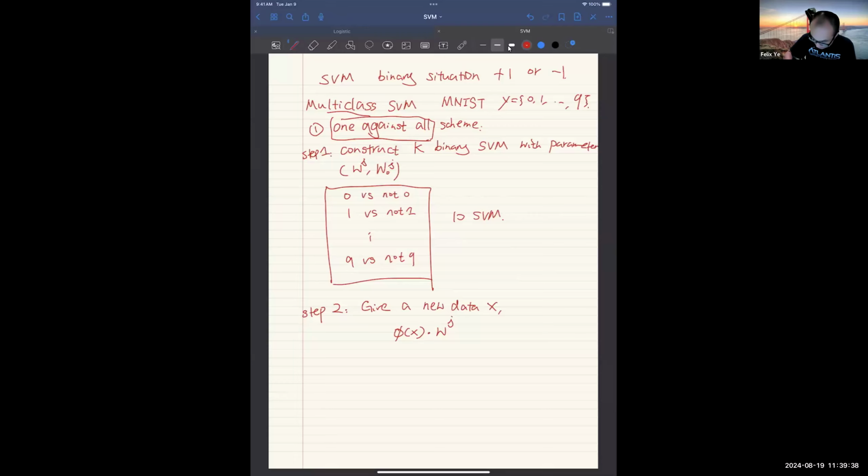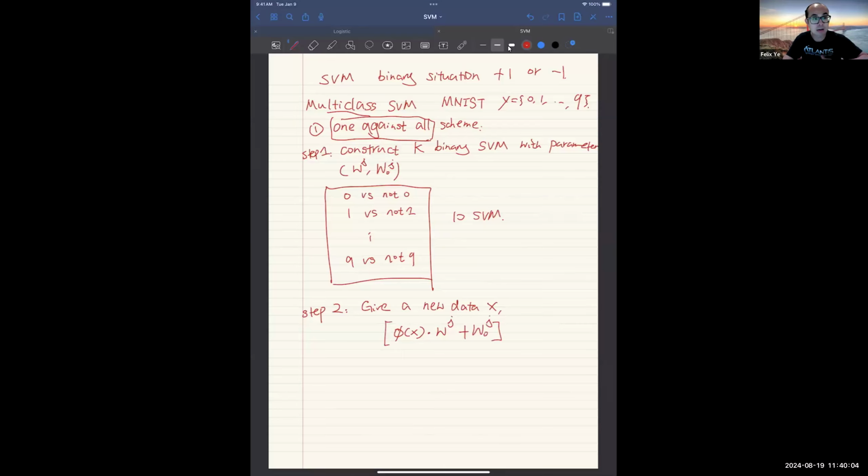You compute WJ phi x plus W0J. You can think of this as the distance from the current point to the decision boundaries of all these 10 binary SVMs.